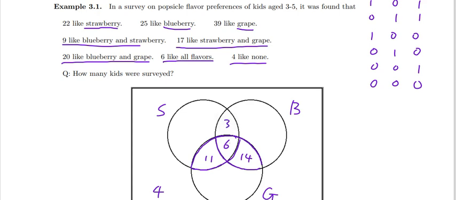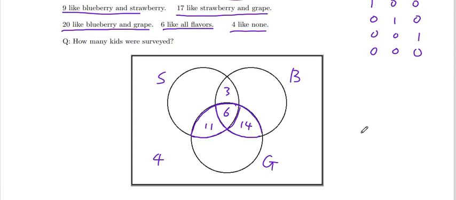Now 39 like grape, so this is 39. We already have 6, 14, 11, so we already have 31, right?